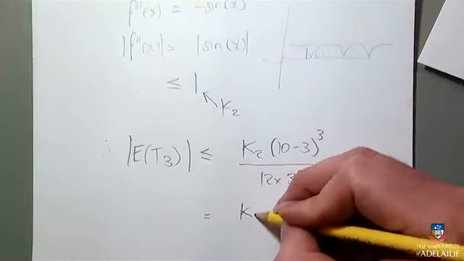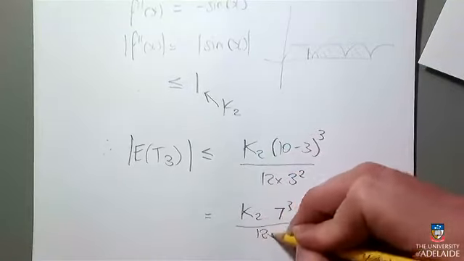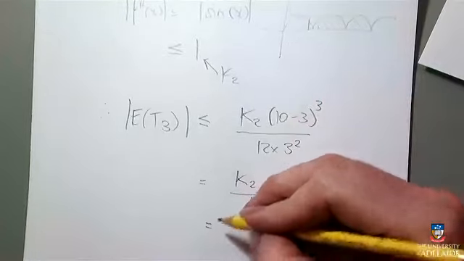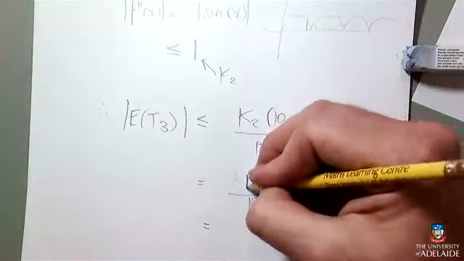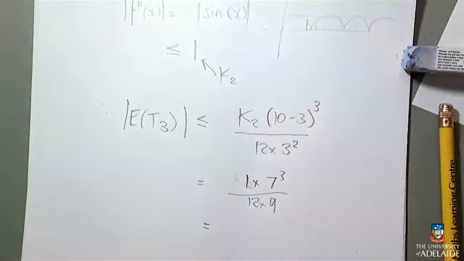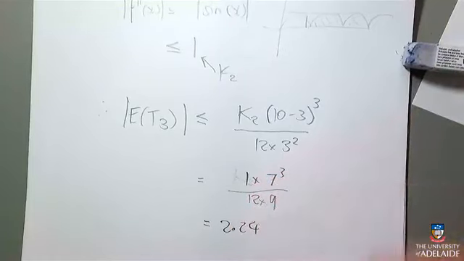So 7 cubed is 343. Which is hilarious because we know what the answer is already. So good, we can calculate the area to within 2.24.